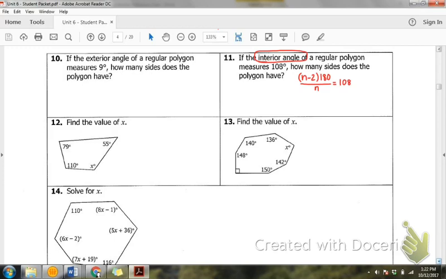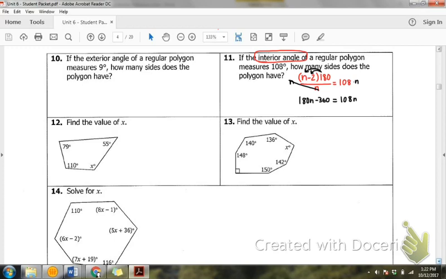How are we going to solve this problem? We've done one similar to this. What do we need to get rid of first? The n, get rid of that fraction. How do we get rid of n? Multiply it by each side. And on my next step, guys, I'm going to go ahead and distribute here. So I'm going to make this 180n minus 360 equals 108n.